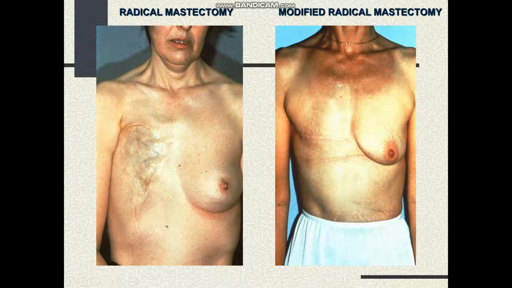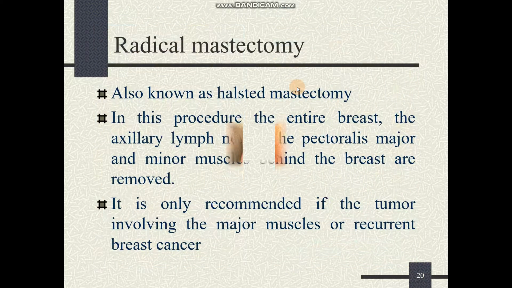So here you can see the difference. This is the radical mastectomy and this is modified radical mastectomy. Here you can easily find the pectoralis major and minor muscle. So why are we sparing this? If the patient is expecting a reconstructive surgery after the total mastectomy, this is spared.